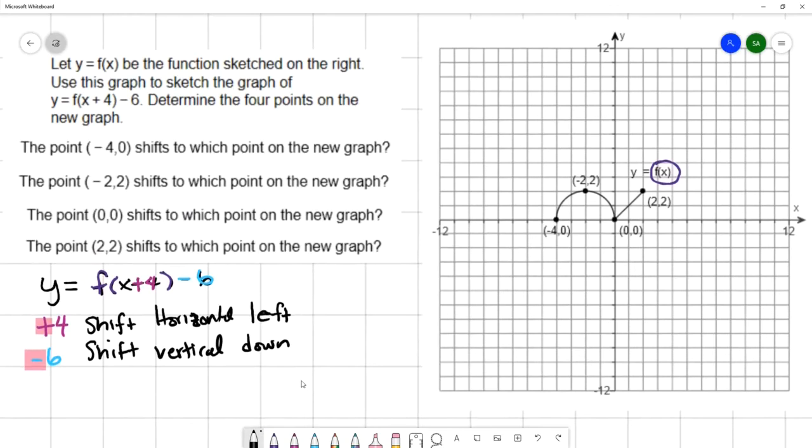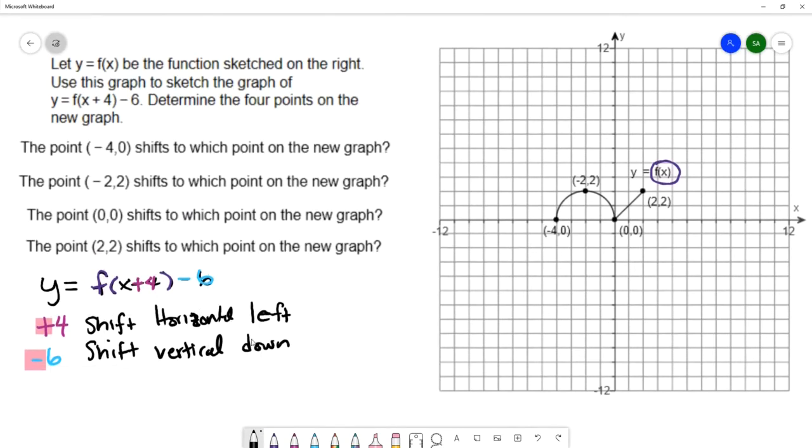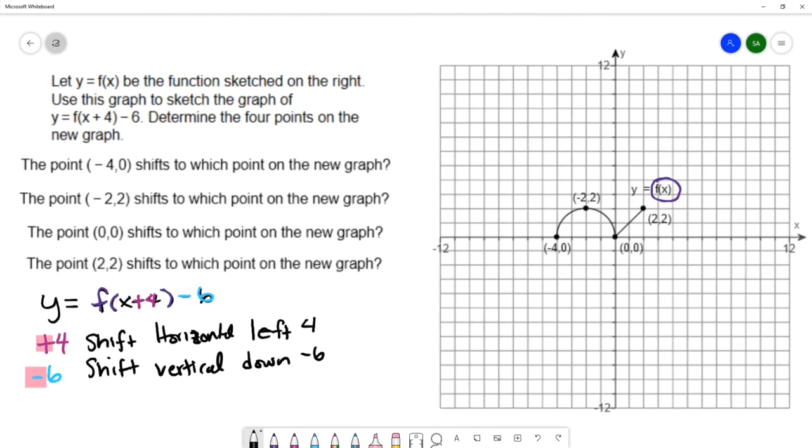So now that I know that I'm going to be shifting left 4 and down 6, I know what's going to happen to each one of these points. So if I move to the left 4, 1, 2, 3, 4, that is subtracting 4 from whatever the x coordinate is.